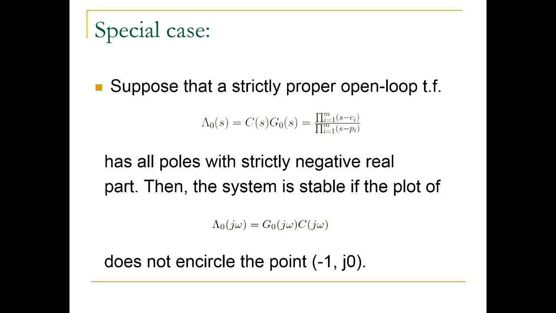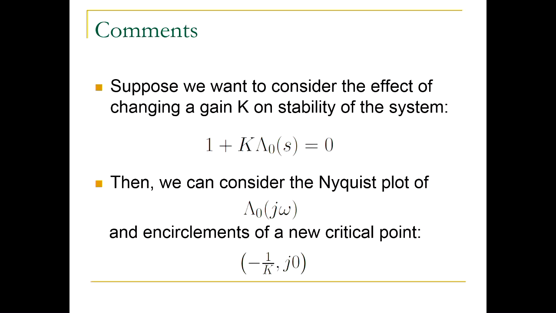All right. So here is another trick. Sometimes in exams I give you the following setting. I say, plot for me, or check stability of 1 plus k lambda 0, where k is some gain. I give you a gain k of 100 or 2000, or I ask for which values of k the system will be stable.